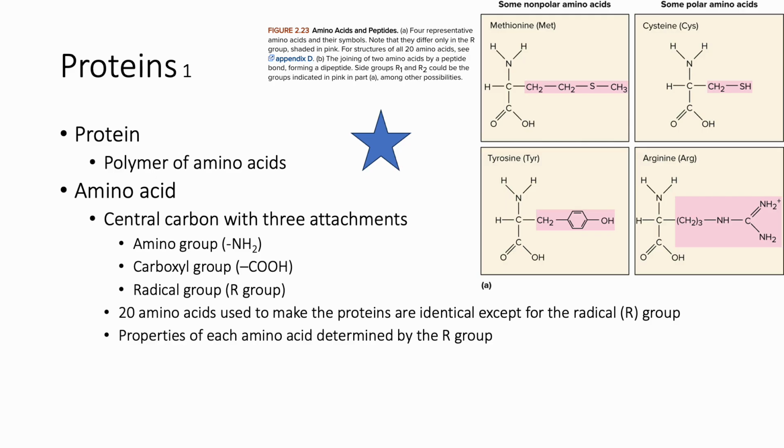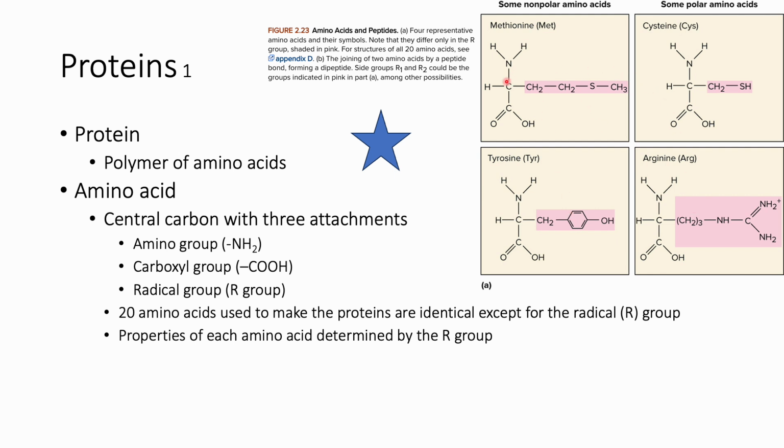Next, we have our proteins. A protein is a polymer of amino acids. An amino acid, in the name, it tells you what it is made up of. It has a central carbon with an amino group, a carboxyl group, and then a radical group, the R group. So here we see 3 examples of amino acids.